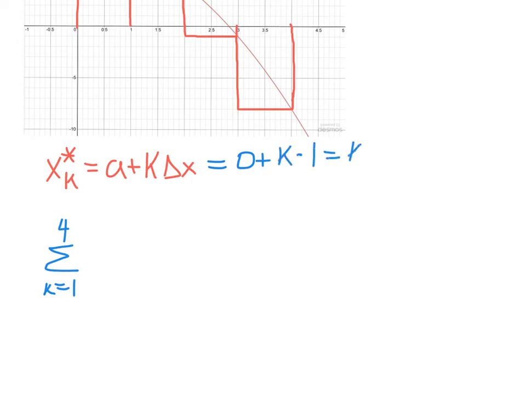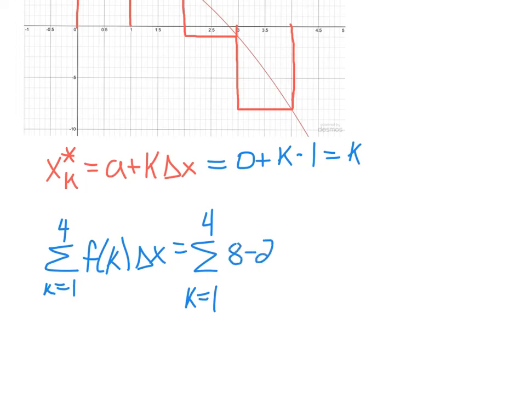So actually just k is what we're plugging in now. So then it's going to be f of k times that change of x, which is 1. So then it's going to be 8 minus 2k squared, and of course times 1.